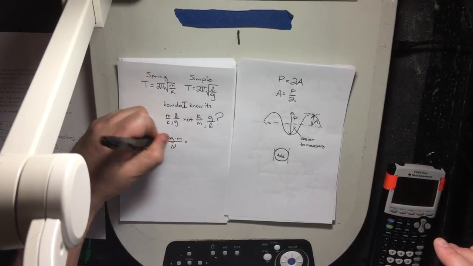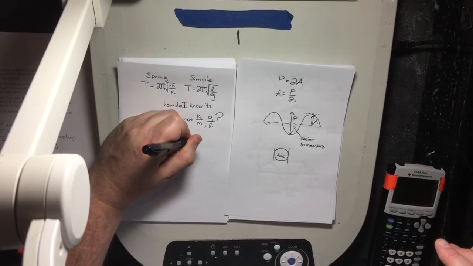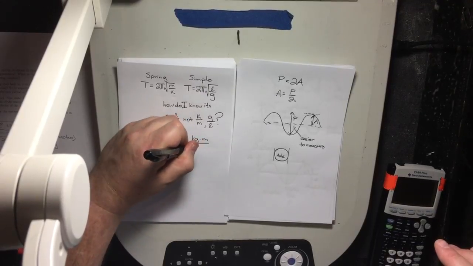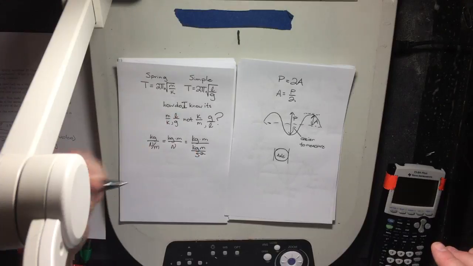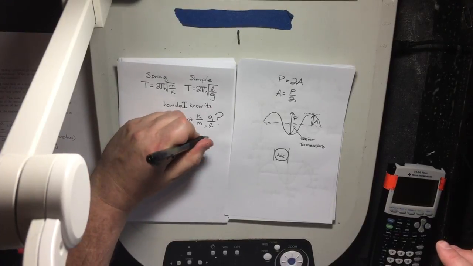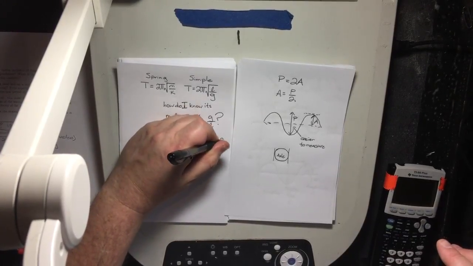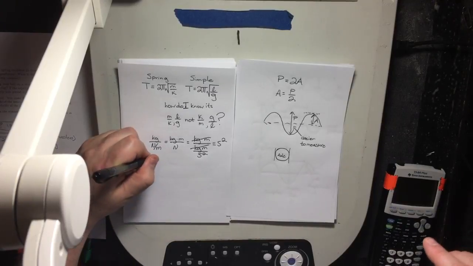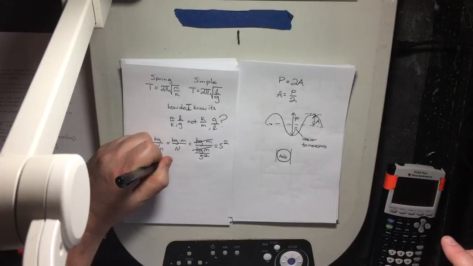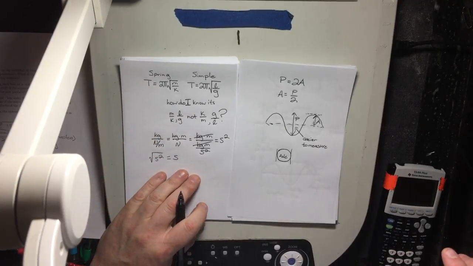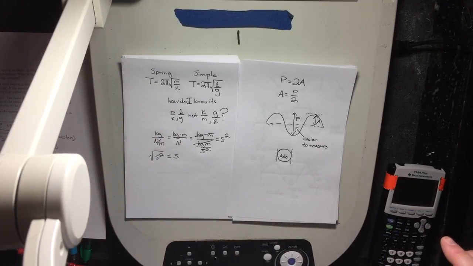A newton is a kilogram meter per second squared, which leaves me with seconds squared. And all of this is under a square root anyway, and so you get seconds. So it is m over k.